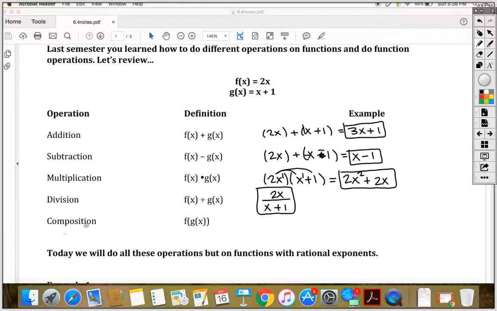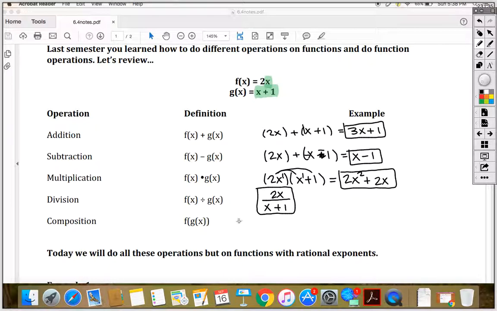The last one's called a composition of functions. This is the one that's maybe a little bit more confusing than our basic operations. This is read f of g of x. They're telling us to plug the g of x equation, which is x plus 1, into the f of x equation, and I want to plug it in wherever the variable is, which is right here after the 2. So I'm taking out x, and instead of x, I'm going to plug in x plus 1.